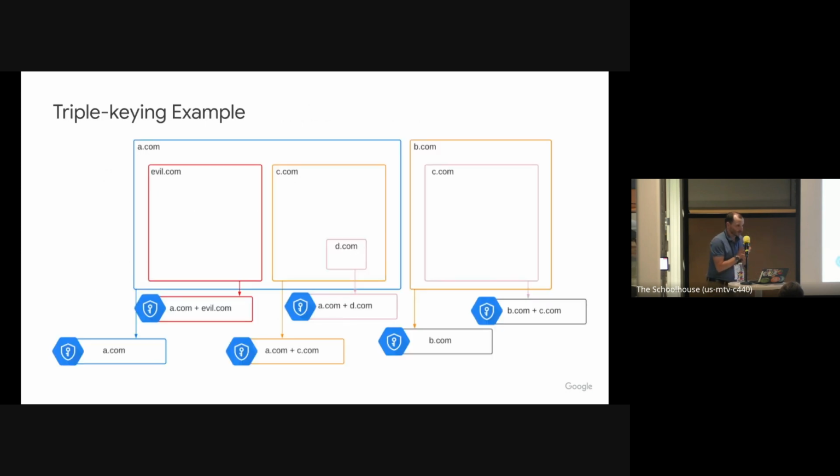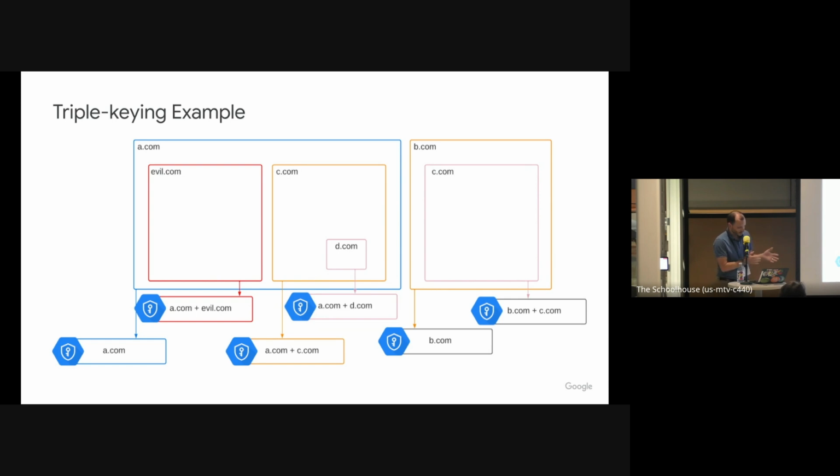So this diagram shows what triple keying looks like. So here, these boxes at the top are pages. The boxes within other boxes are iframes, and you can see at the bottom the cache key that is calculated. And so you can see here the outer a.com box. It would have a top-level site and frame site of a.com, so we would say that its key is just a.com. The evil.com iframe here would have a top-level site of a.com and a frame site of evil.com.